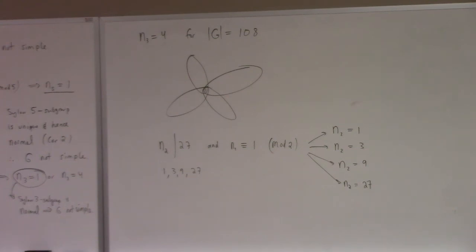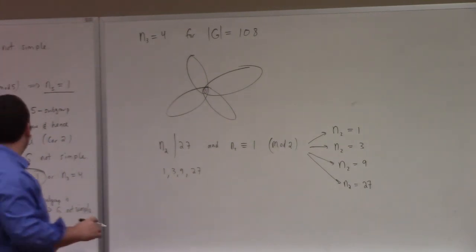However, let P denote any Sylow 3 subgroup of G. If N3 is equal to 1, then P is a normal subgroup of G. We're done. If N3 equals 4, then, so let's see here.